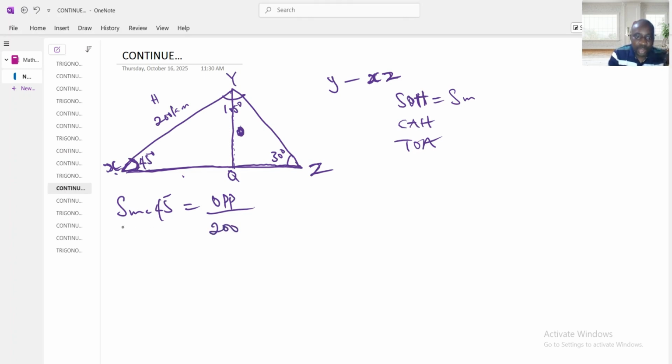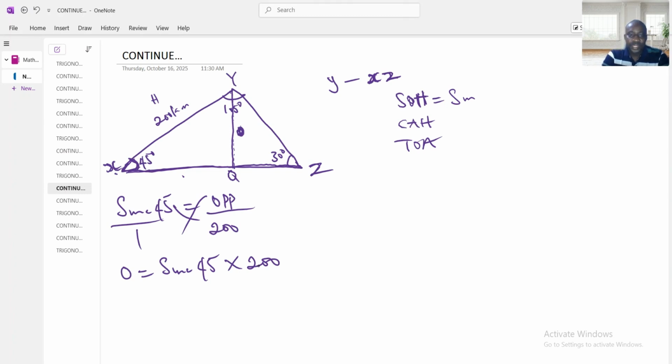Now the next thing we are going to do is cross multiply. Let's call the opposite O. O equals sine 45 multiplied by 200. Now, what is sine 45?